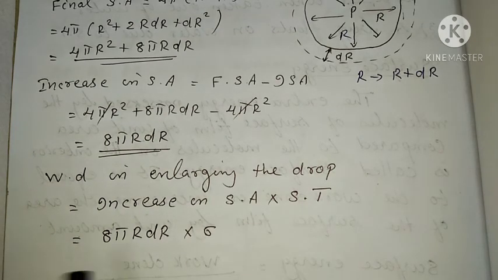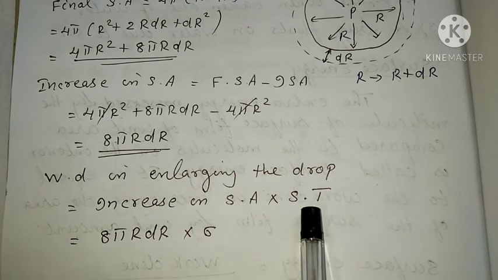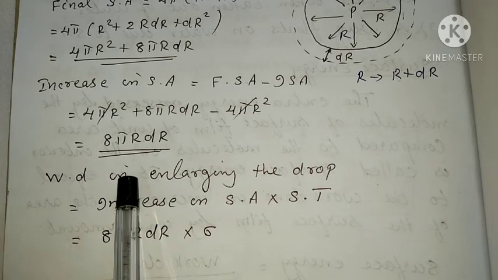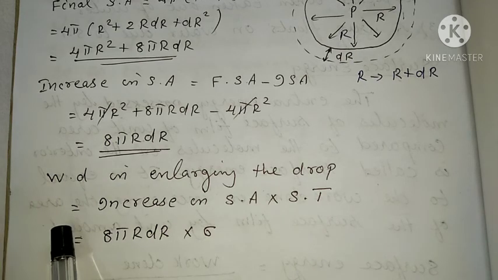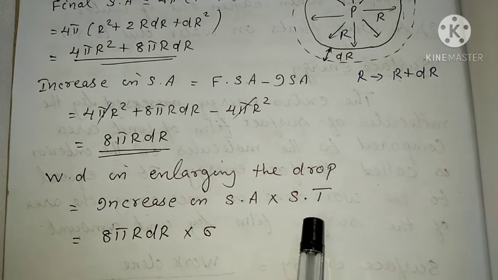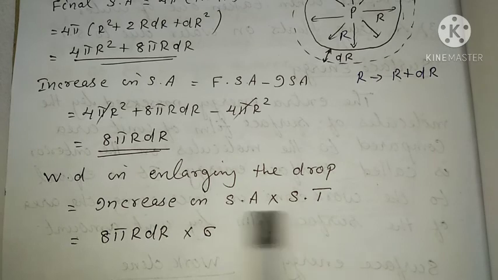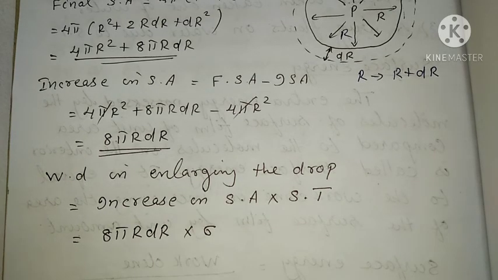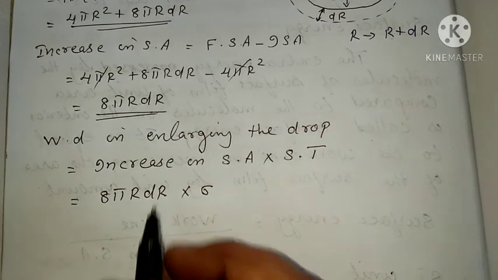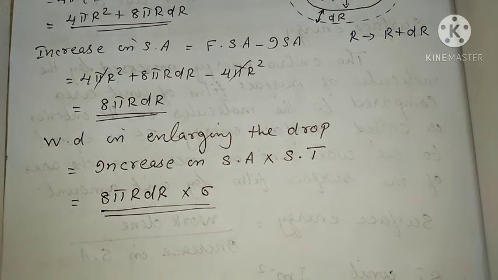We already studied that surface tension is equal to surface energy, that is, work done divided by increase in surface area. So, work done in enlarging the drop in terms of the surface tension is increase in surface area into surface tension, that is, 8 pi r dr into surface tension. So, this is the work done in terms of the surface tension.